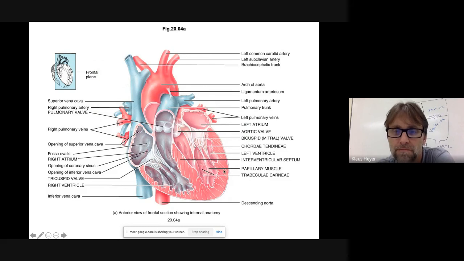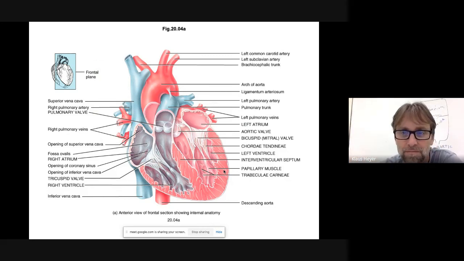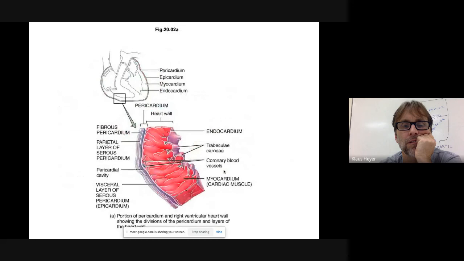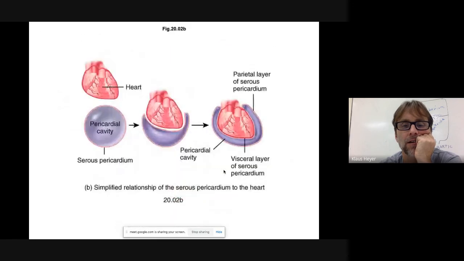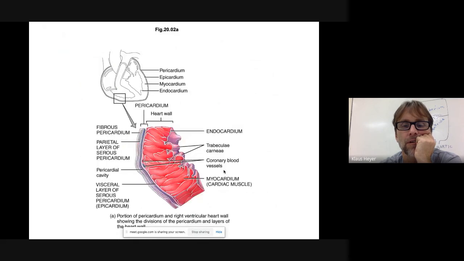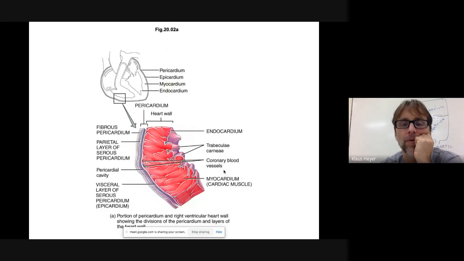Good? Hope I'm not going too fast. This is really just anatomy stuff.